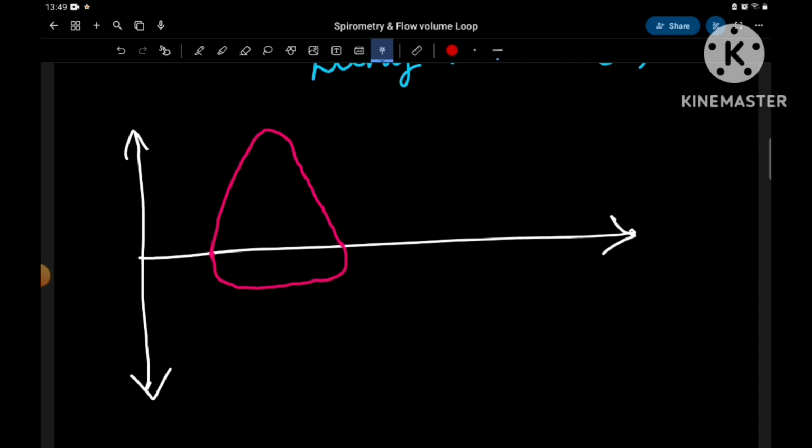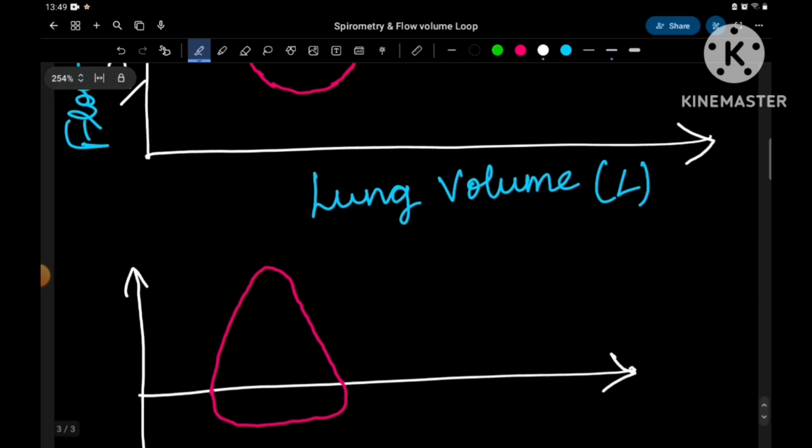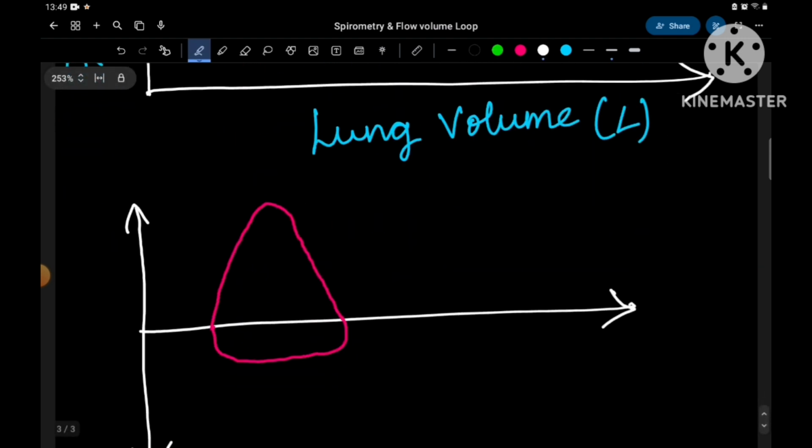So this loop is nothing but, I'll just write it. I'll use the same color, white.